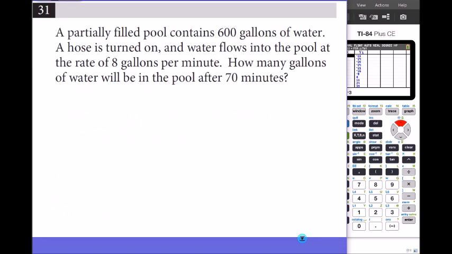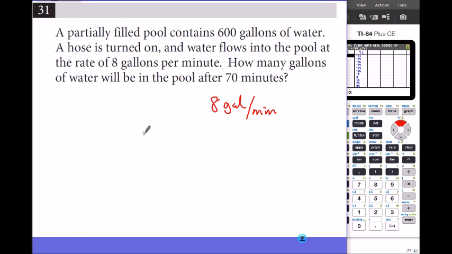31. A partially filled pool contains 600 gallons of water. A hose is turned on and water flows into the pool at the rate of 8 gallons per minute. So 8 gallons per minute is the rate. How many gallons of water will be in the pool after 70 minutes?